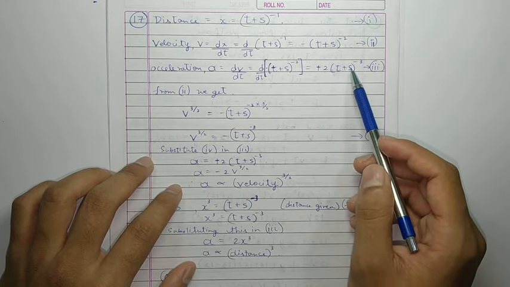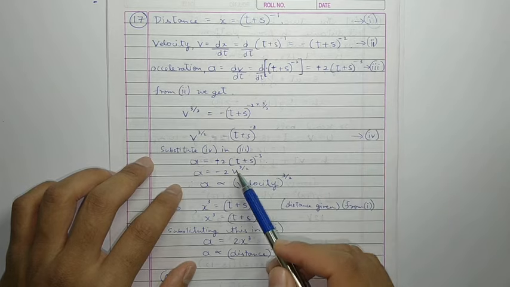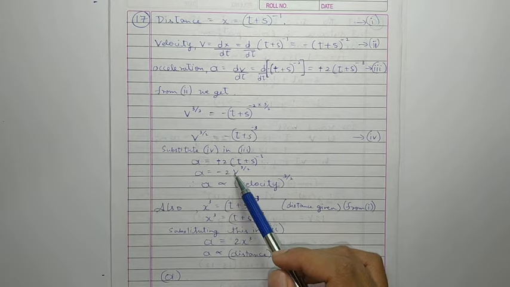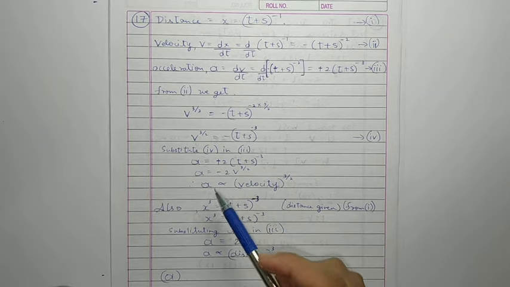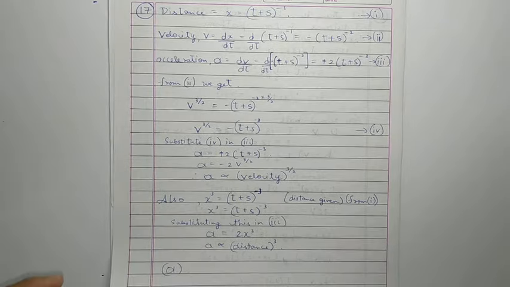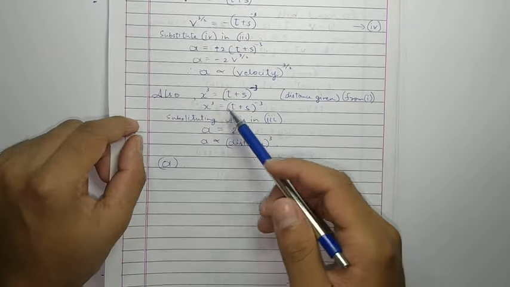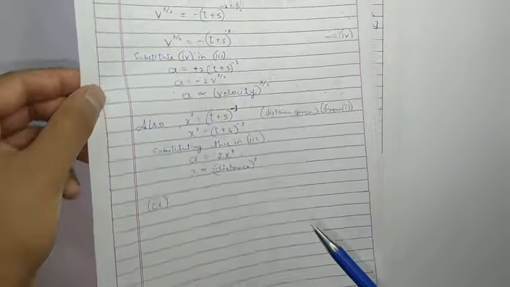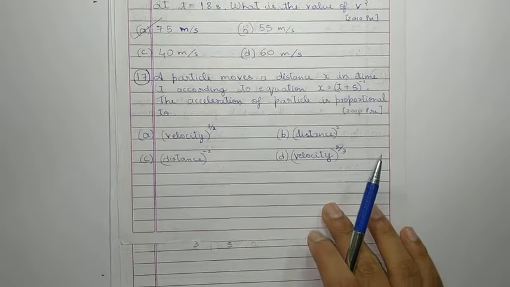So (t plus 5) to the power minus 3 is v to the power 3 by 2. So therefore a is equal to minus 2 v into v to the power 3 by 2. So acceleration is proportional to velocity to the power 3 by 2. Here this is to disprove the other options. So the correct option is option A.